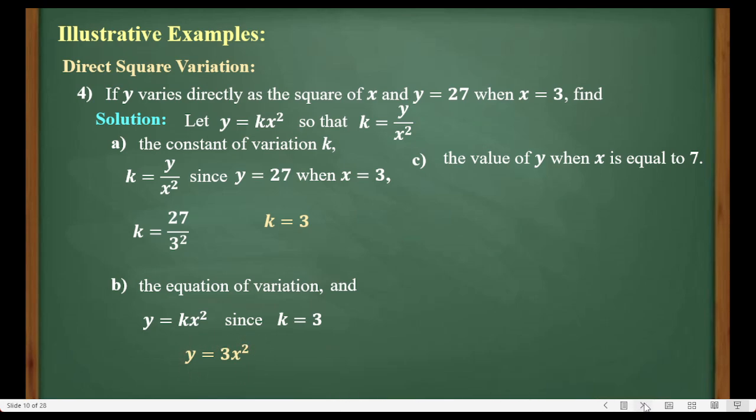And for letter C, the final value of y when x is 7. So making use of this equation from letter B, we replace x by its value, which is 7. That will give you 147 as the final value of y.